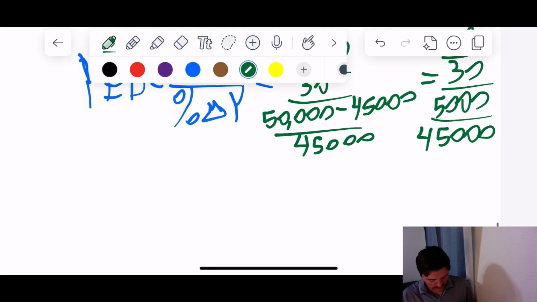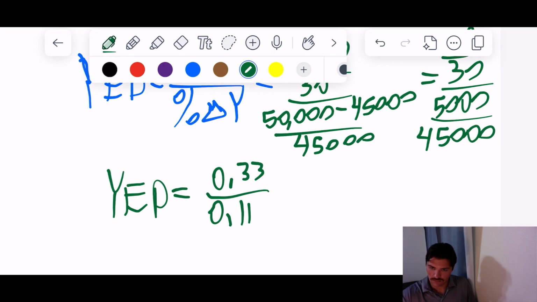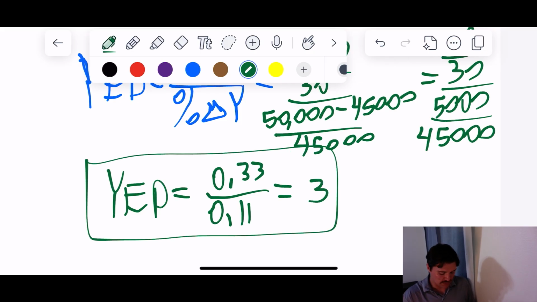Doing this in your calculator, 10 over 30 is 0.33. 5,000 over 45,000 is 0.11. So doing that, you get 3.